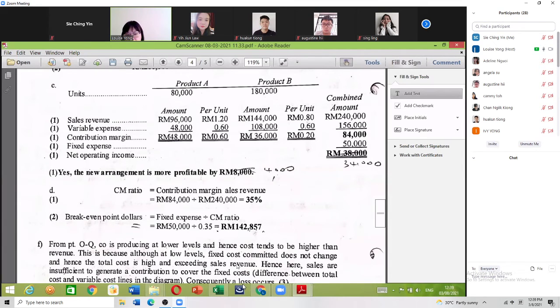Because they ask you to calculate your break-even in RM, so fixed cost divided by CM ratio.